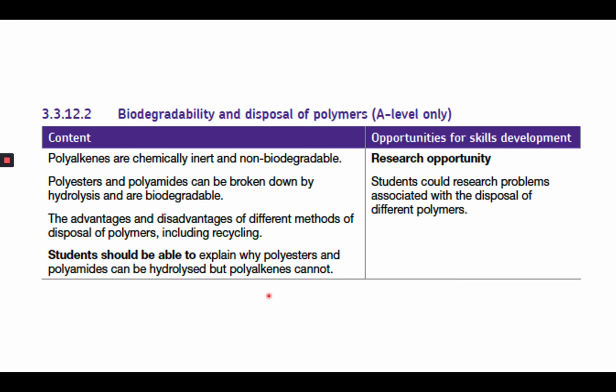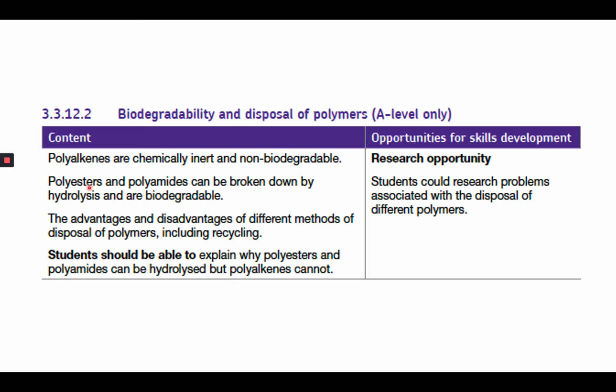But anyway, if we look at this, this whole topic was called polymers, and the first section was condensation polymers, and now this second section is biodegradability and disposal of polymers. When we're talking about all polymers, we're talking about the polyalkenes, which are the addition polymers, the ones that you probably did at GCSE and that you definitely did in AS when you did alkenes.